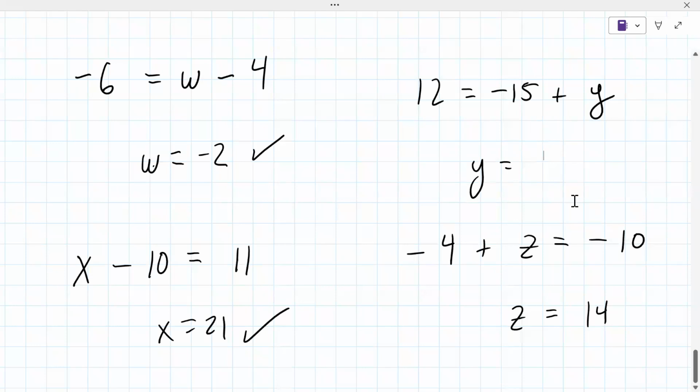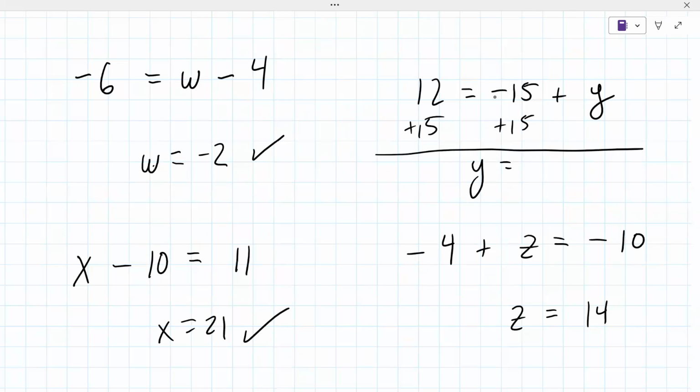What did you do to solve this equation? Tell me in your own words. I added 15 on both sides. Okay, so that's correct, but 12 plus 15 is not 26. 12 plus 15. Oh, I see what I did wrong.